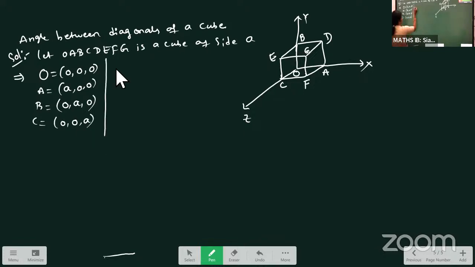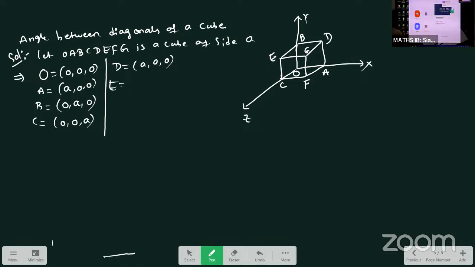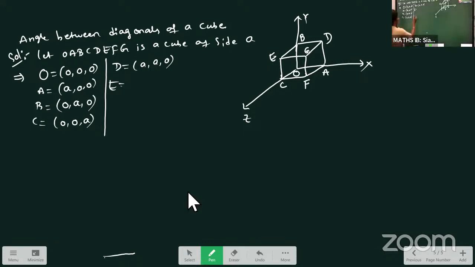Next, D. D is between x and y, so x and y will be there, z becomes 0. So A, A, 0. Next, E. E is between y and z, so x is 0.